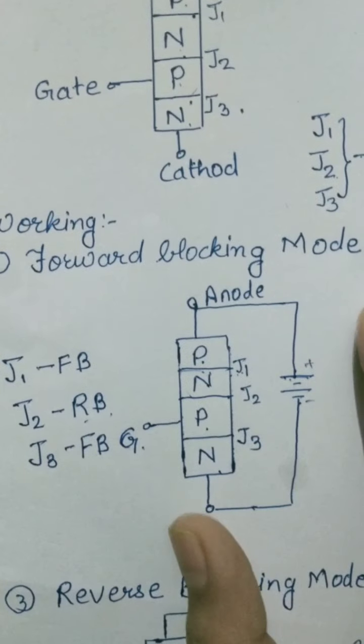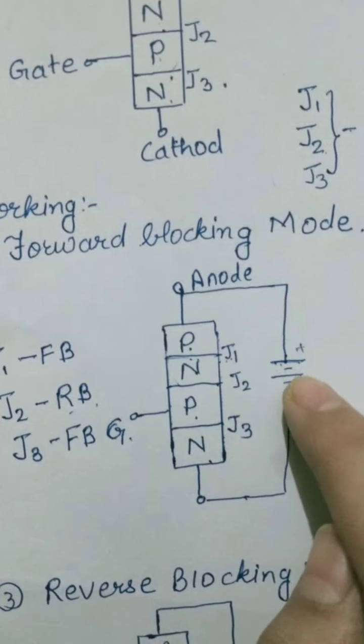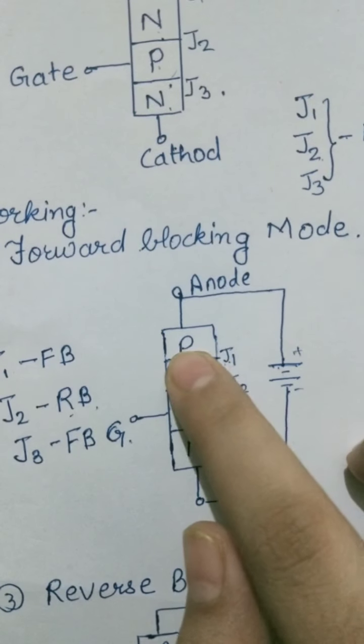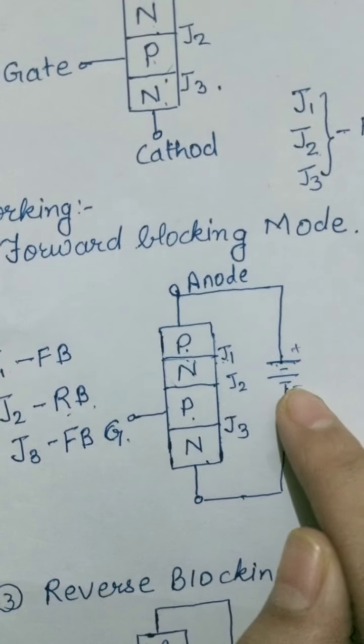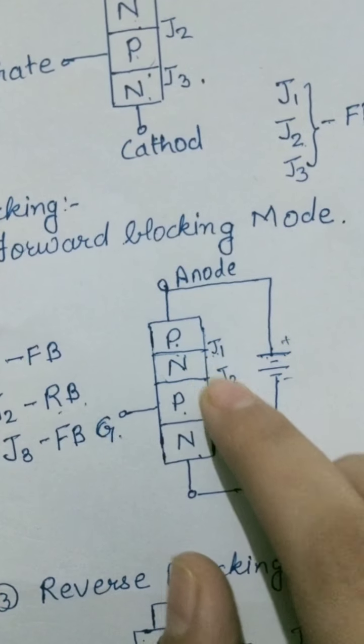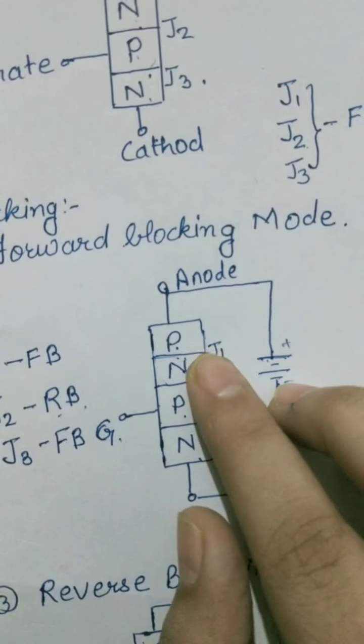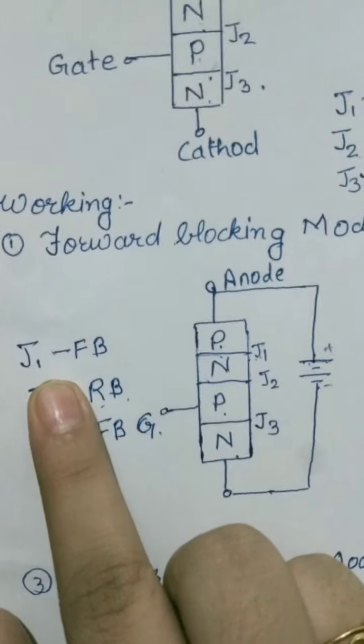In the forward blocking mode, a supply is given in which the positive terminal is connected to the P region, while the negative terminal is connected to the N region. There are three junctions, J1, J2 and J3. The junction J1 is in forward bias. Why?